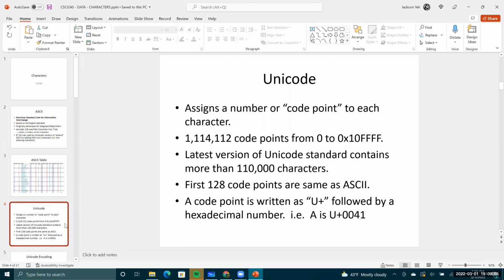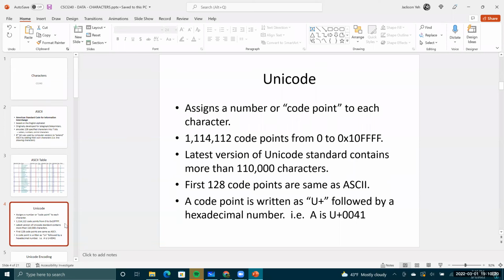However, even though it supports up to 1 million code points, the current version of the Unicode standard only defines or contains 110,000 characters. So you might wonder, if the standard supports over 1 million code points, how come only 110,000 are defined?